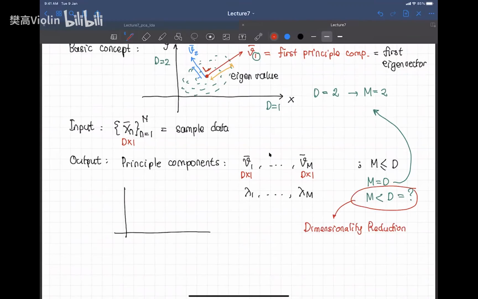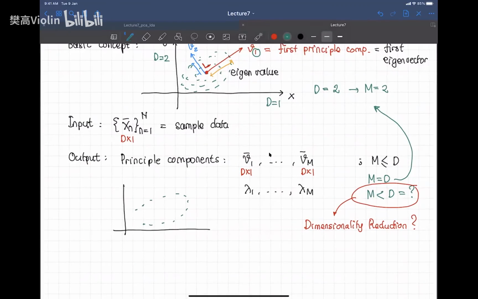So what does this dimensionality reduction mean? Let's have an example here, the same example that we have. Let's assume that we have this point. This point has some coordinate system. In the beginning, the coordinate system is x and y.